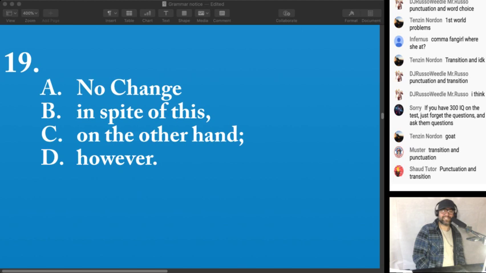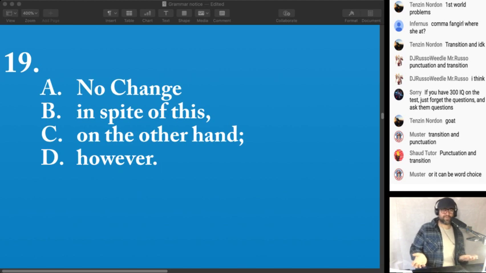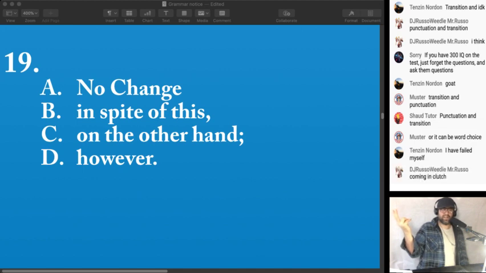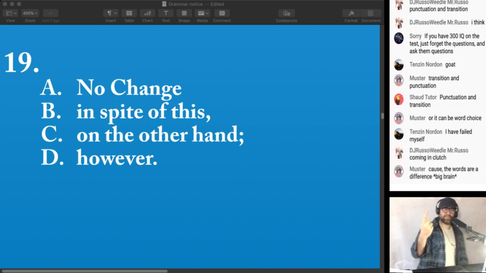Yes. Bros, if you can categorize this, you don't even need to look at the question. Because if it's just going to be transition and punctuation, do I have to look at what tense this is written in? No. Do I need to look to see if the noun matches up? No. There's no verbs. So I don't need to look at the noun. All I need to do is look at the relationship between sentences and break down the sentence structure.